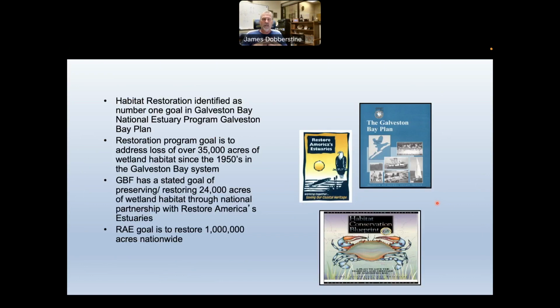They commissioned a tremendous range of studies to be done on Galveston Bay to assess what needed to be done. And at the end of that, they determined that loss of habitat in Galveston Bay was the number one challenge we were facing at that time. So protection and restoration of that habitat was the number one objective.